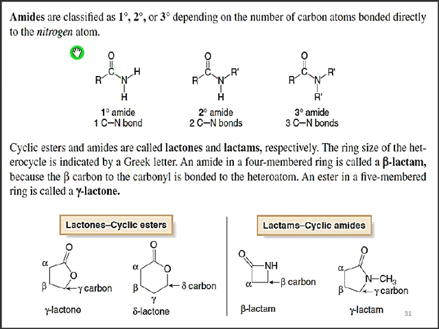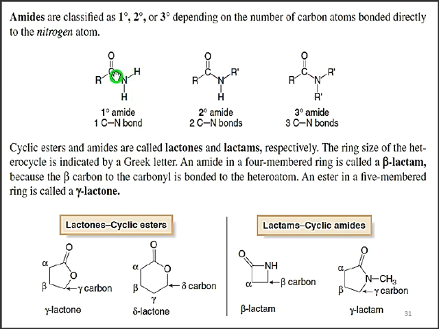And then we have amides. As I explained, an amide is the acyl group bonded to a nitrogen atom, and this nitrogen atom may be substituted with hydrogen, or one hydrogen and an alkyl group, or two alkyl groups. For this reason, amides are classified into three types, depending on the number of carbon atoms bonded directly to the nitrogen atom.